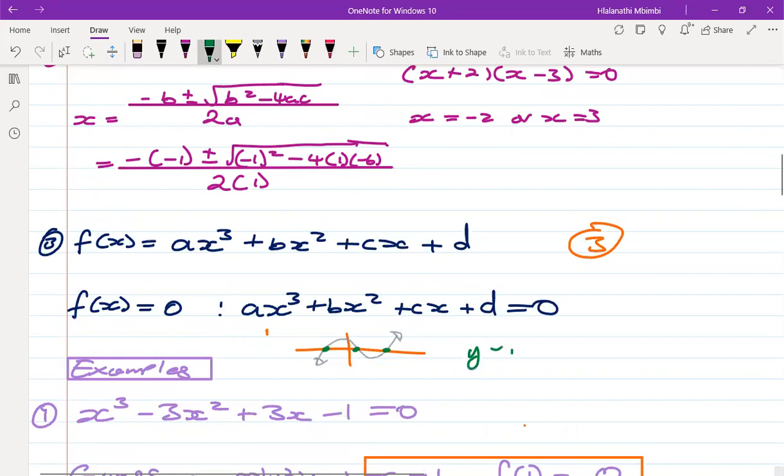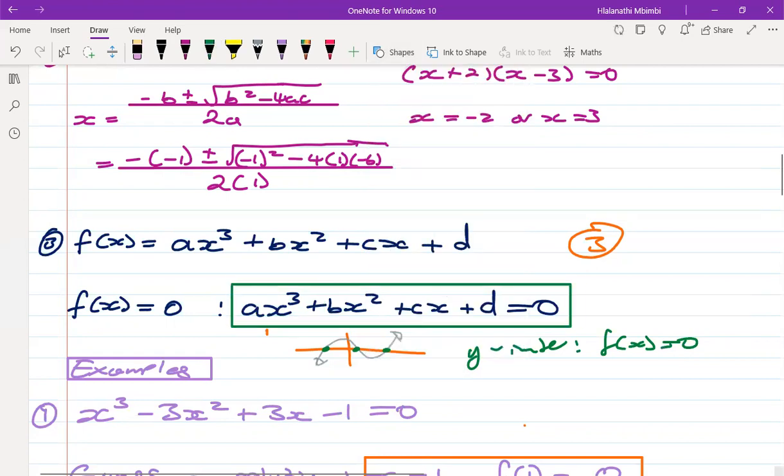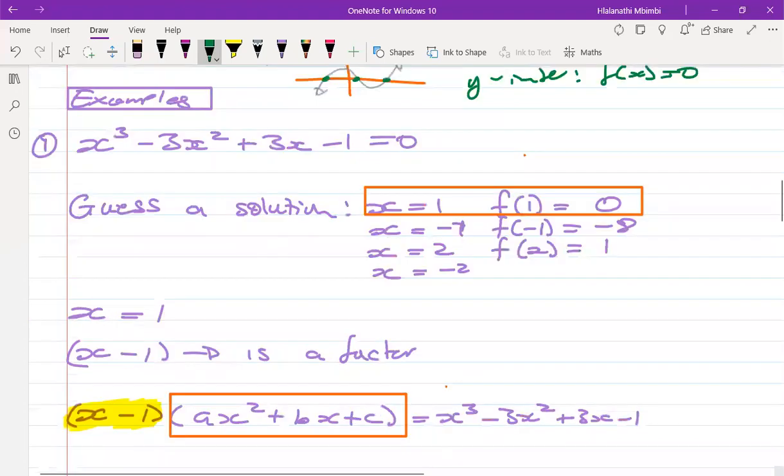You normally say, let f of x be equal to 0, because you care about your x-intercepts. Then that's where that guy could be born, because now this is what you'll start having, which is the problem that we are trying to solve now.